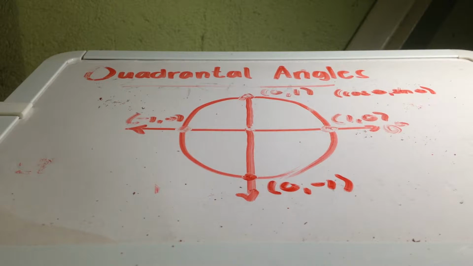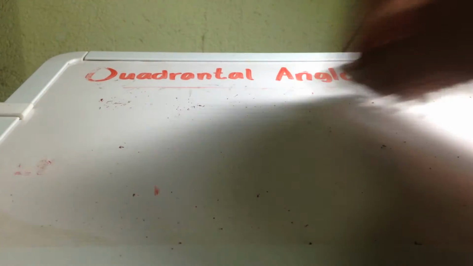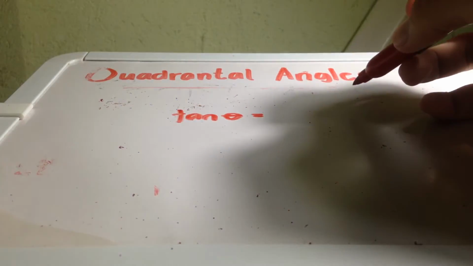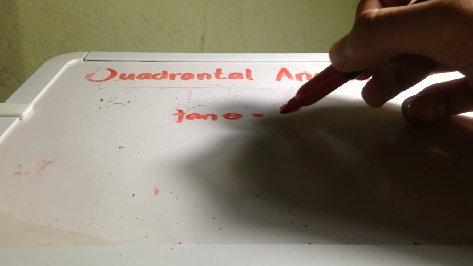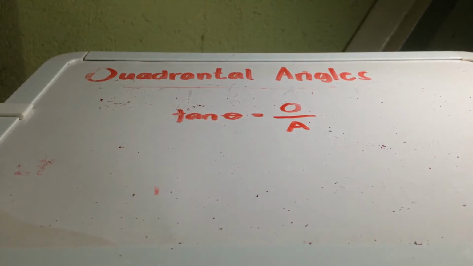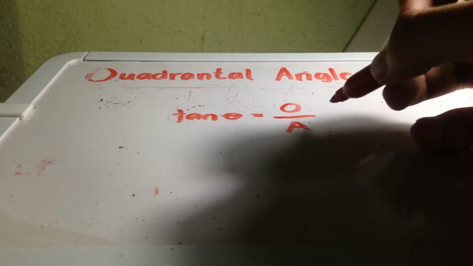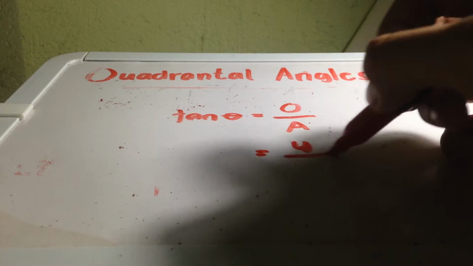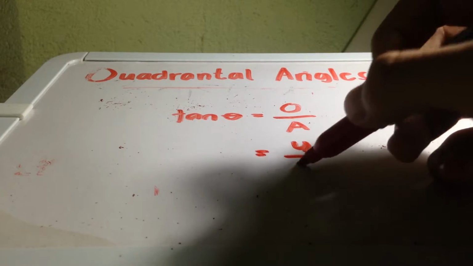Now for you to find the tangent of theta is equals to opposite over adjacent. Depending on the right triangle we've created, whose vertex is at the origin, O is the y-axis and A is the x-axis.